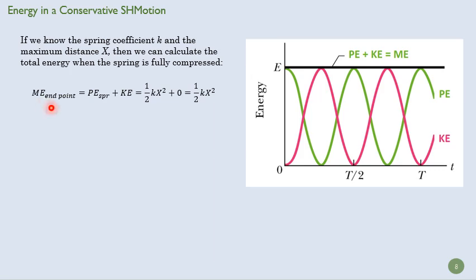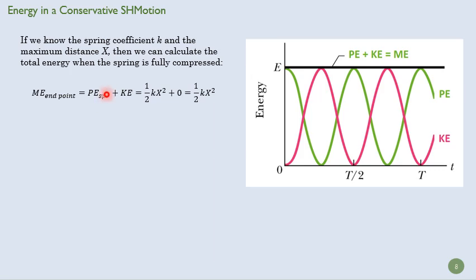So at this point, we want to know the mechanical energy at the end point when we've compressed our spring. So we're going to add the potential spring energy and the kinetic energy. And we're going to ignore gravitational potential energy because our mass is going to be moving horizontally. So there's not going to be any change in gravitational potential energy.